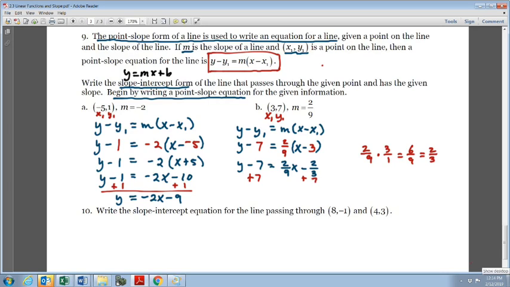We need to add 7 to both sides. So on the left, we'll just get y. And on the right, we'll have 2/9 x. We've got to combine a 7 and a minus 2/3. I'm going to do that off to the side here. So we need a common denominator to subtract fractions. So let's write the 7 over 1.